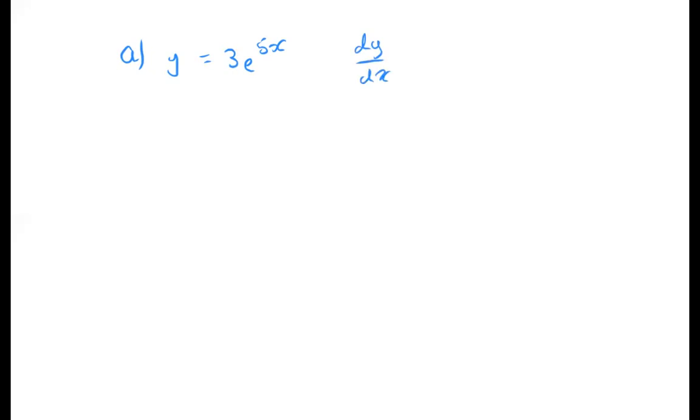That's right, yeah. So you bring the 5 down, so you've got 5 times 3, and the rest of it stays as is. So it equals 15e to the 5x. Yep.